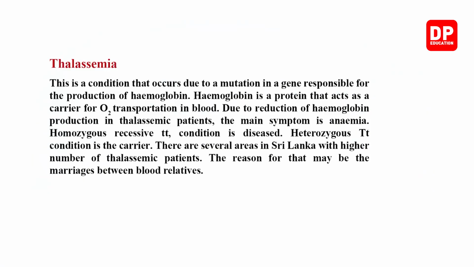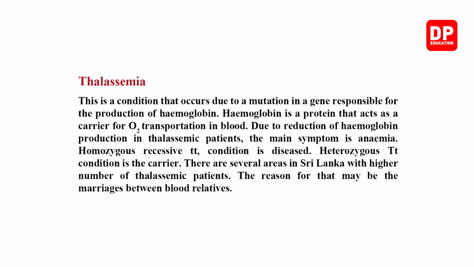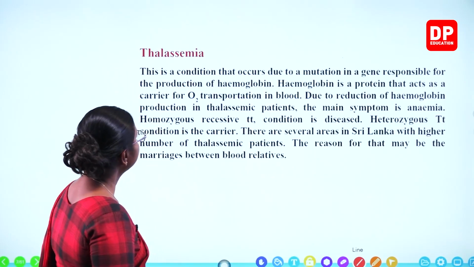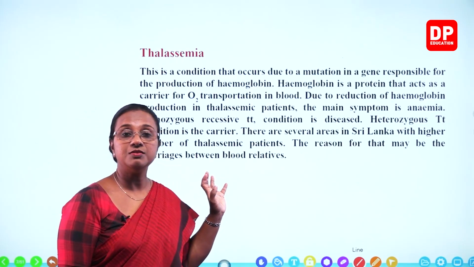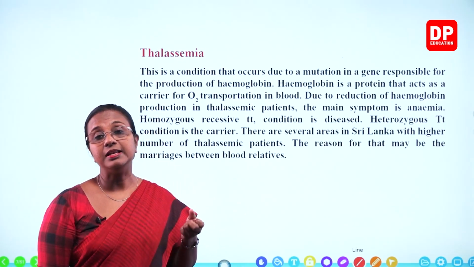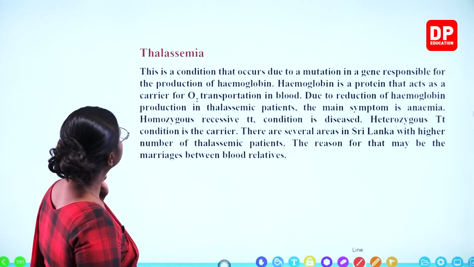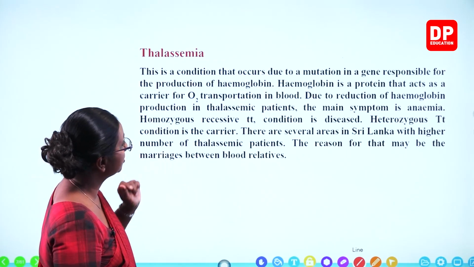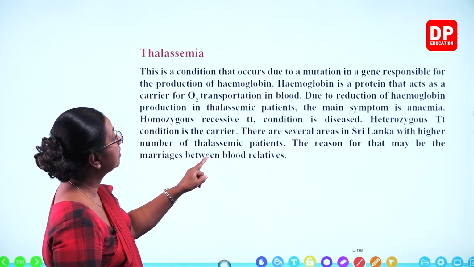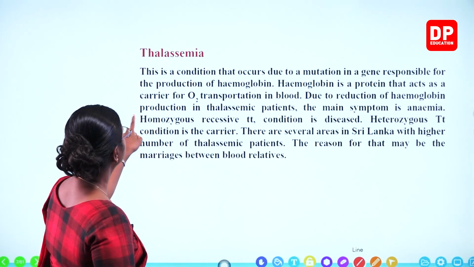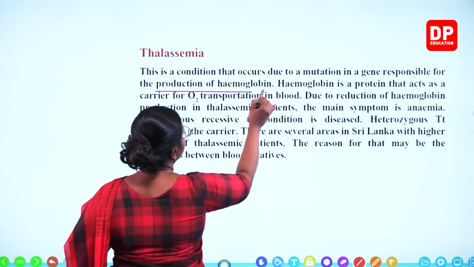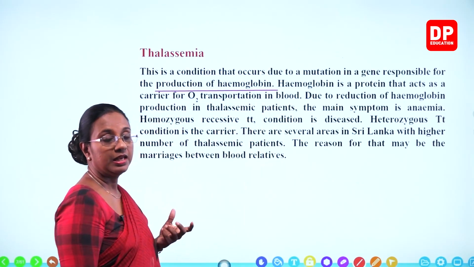So here we have the next condition, thalassemia. Thalassemia is a condition where hemoglobin is not produced enough. It occurs due to a mutation in a gene responsible for the production of hemoglobin.